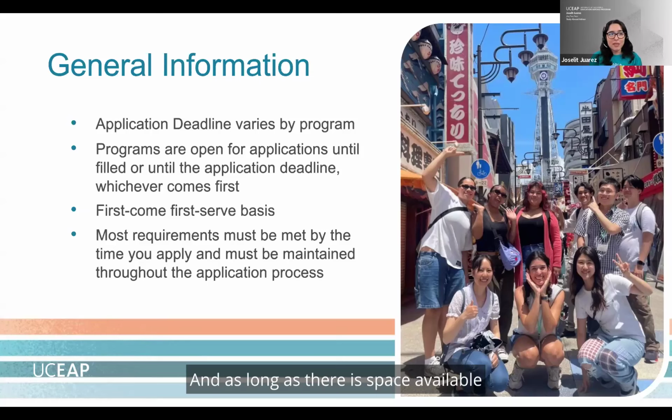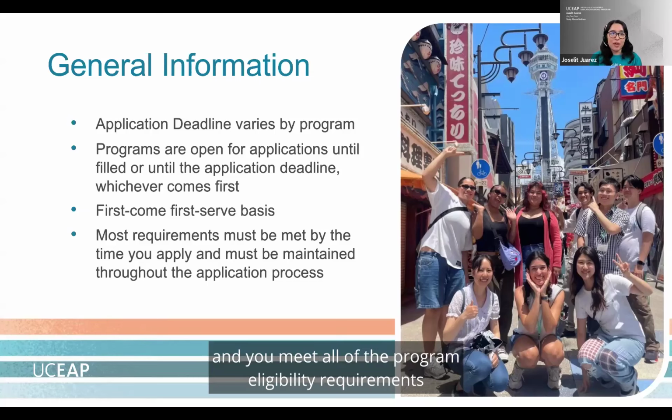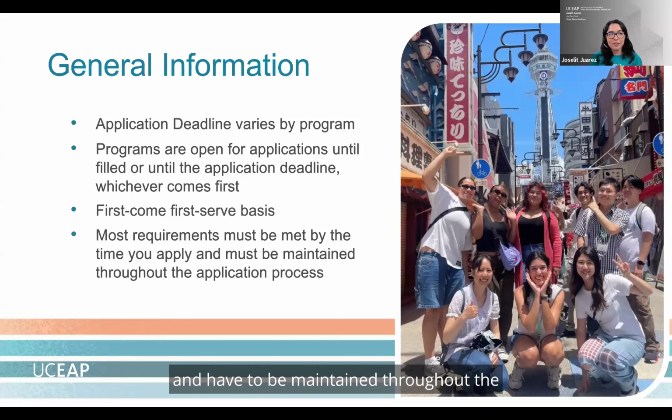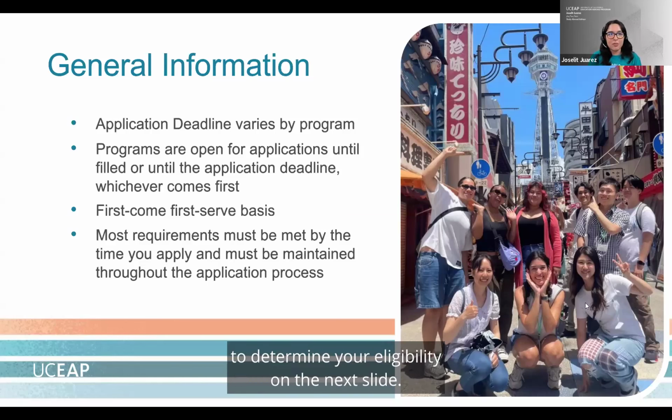And as long as there is space available and you meet all of the program eligibility requirements and deadlines, you should be cleared to participate. Lastly, most requirements must be met by the time you apply and have to be maintained throughout the application process. And we are going to go over how to determine your eligibility on the next slide.